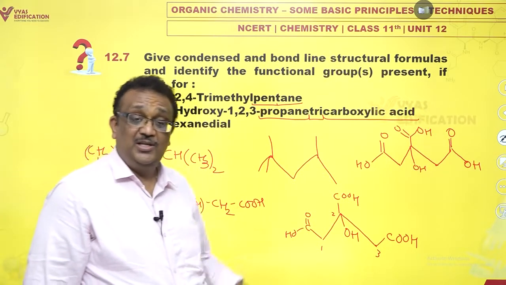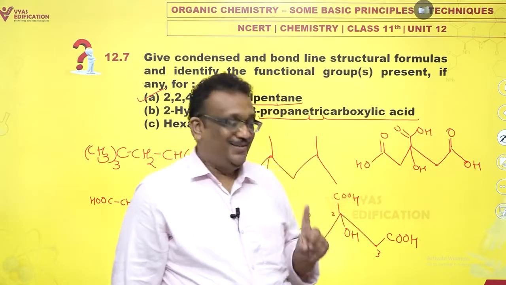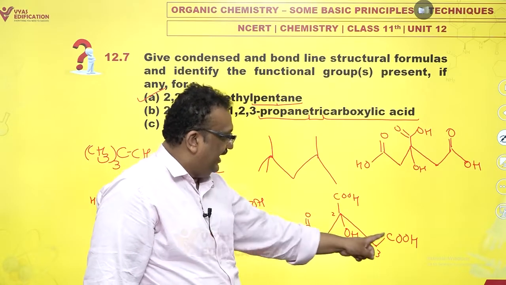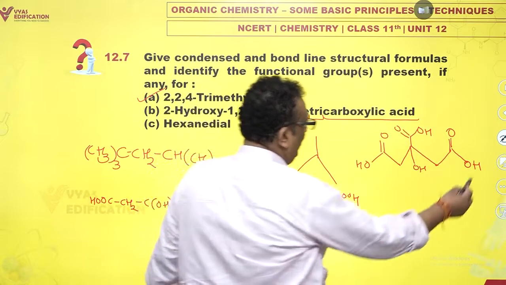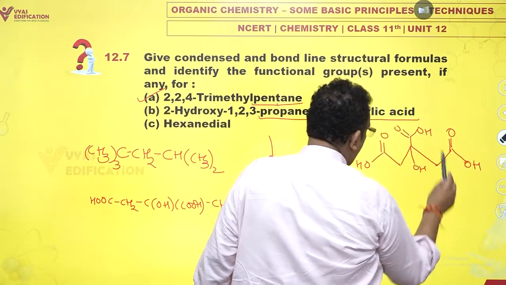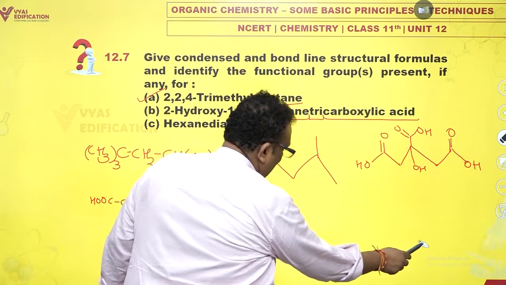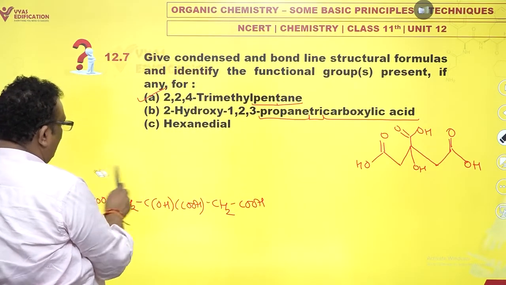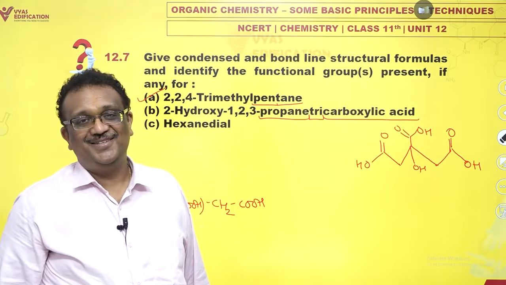In bond line notation, we are not explicitly writing down carbons. This is not a bond line notation, strictly speaking, because I have explicitly mentioned carbon atoms. So just to make it more pure, I improved it like this. This was just for my rough work and reference. I'm just erasing it out. That's it.